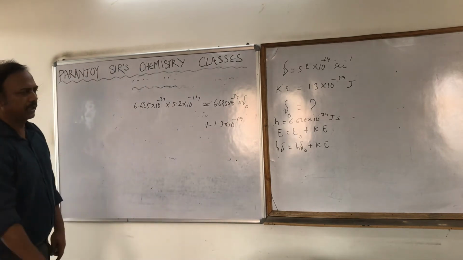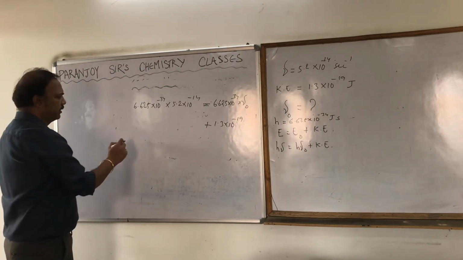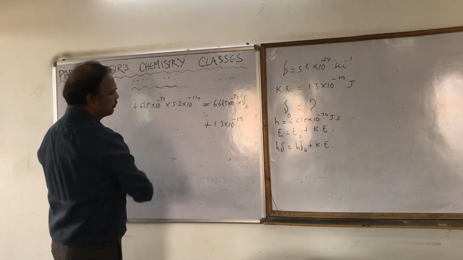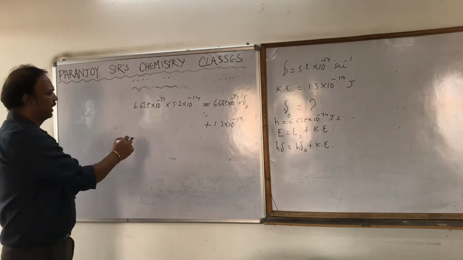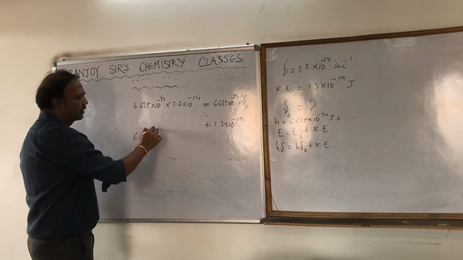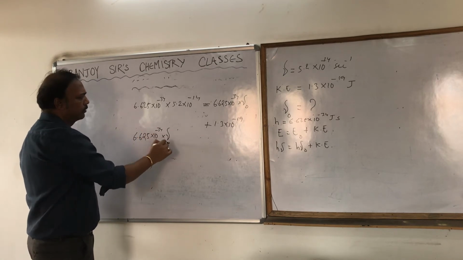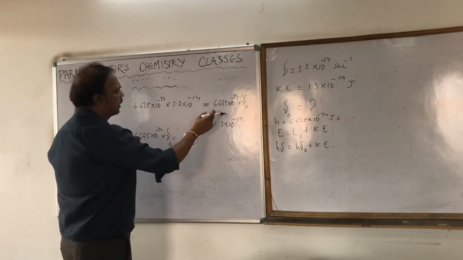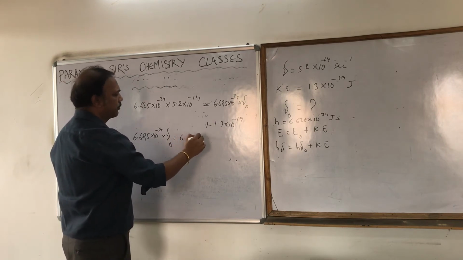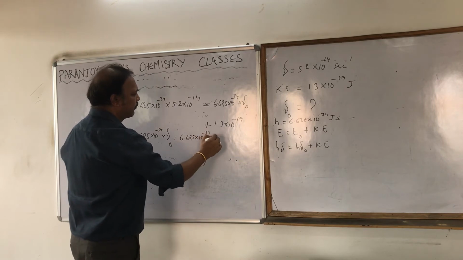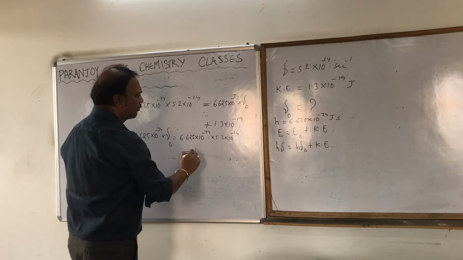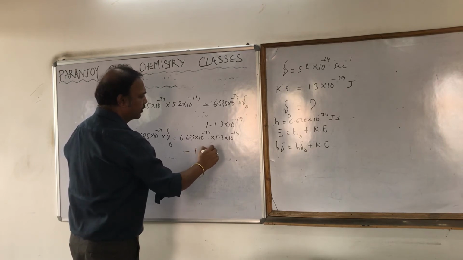Now let us keep this value on one side and bring the other two to the other side. So I can write it as 6.625 into 10 to the power minus 34 into nu 0 equal to 6.625 into 10 to the power minus 34 into 5.2 into 10 to the power 14 minus 1.3 into 10 to the power minus 19.